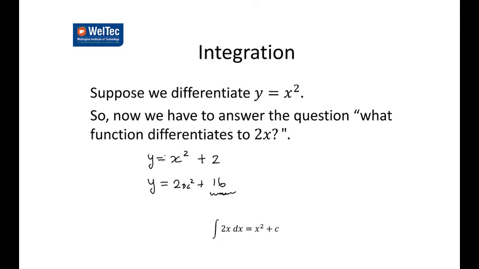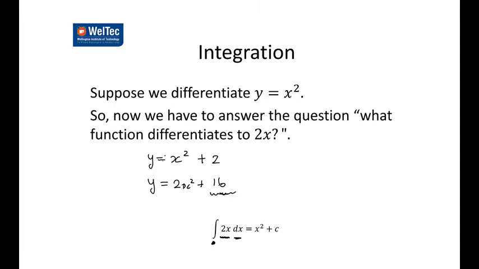The notation that we use to talk about this idea of integration is this long, skinny sort of S symbol. That's the integral sign, and it's an instruction. We also need it in conjunction with dx, because the dx tells us which variable we're going to integrate with respect to. So this is the integration sign.